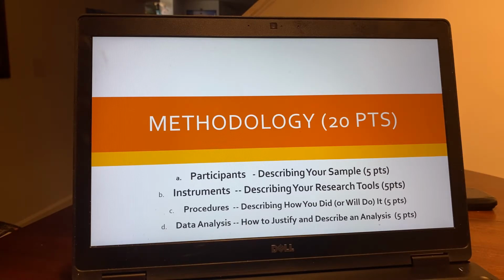The third part is procedures, 5 points, describing how you did it or will do it. And the last part is data analysis, how to justify and describe an analysis. These 4 parts are 5 points each and together make 20 points.